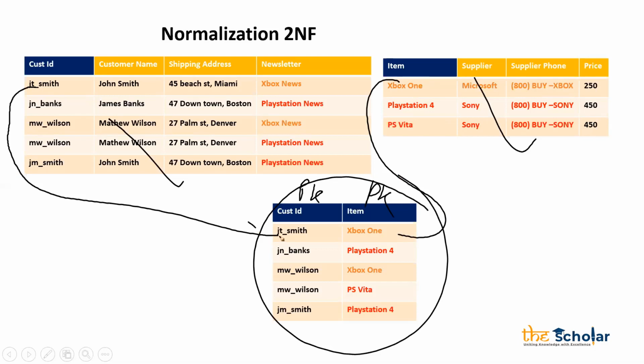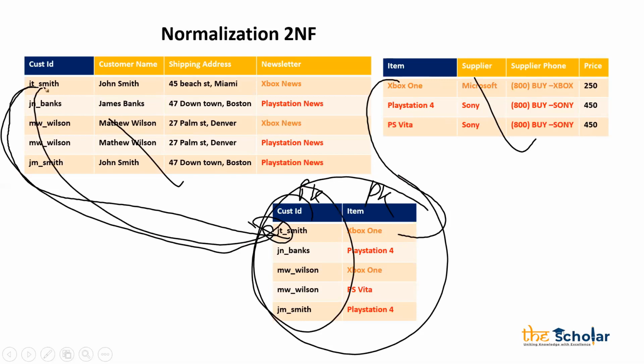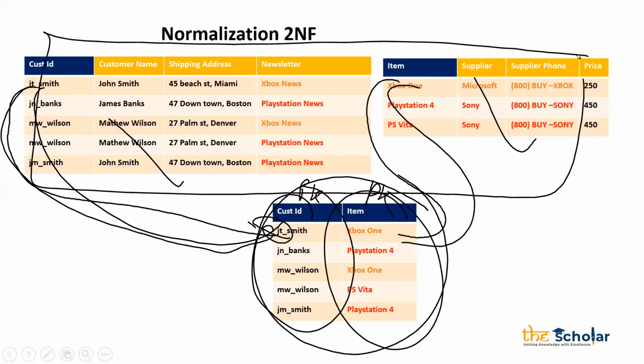And then I'm using this table: this column joins with this table, and this column joins with this table, and I will be able to connect both the tables. And this table is also known as a factless fact.